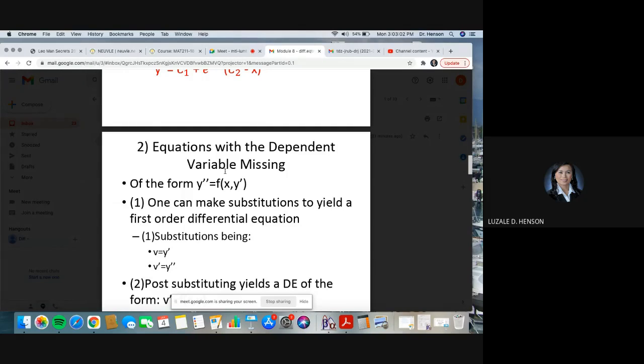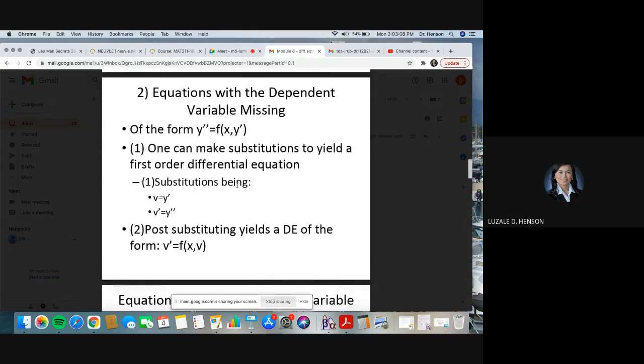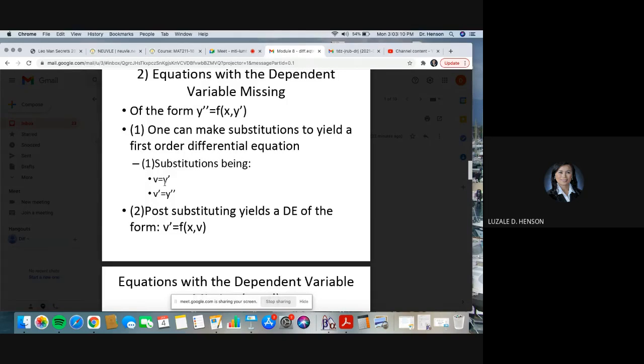So let's discuss case 2. Case 2 is of the form variable y missing. So you can make a substitution such that all y prime will be replaced by v, and y double prime will be replaced by v prime.